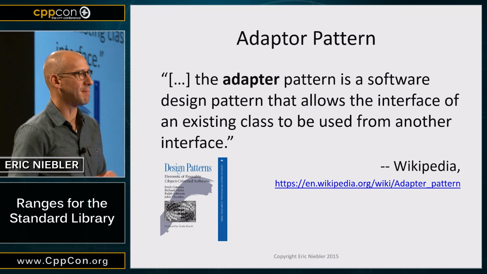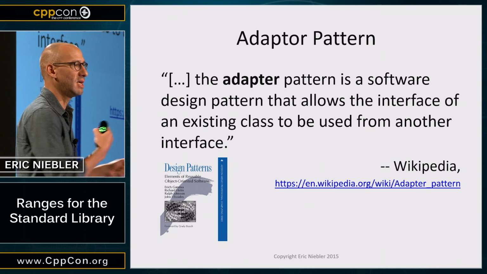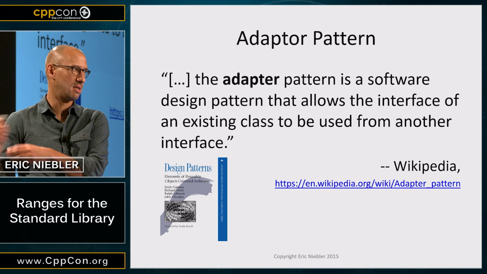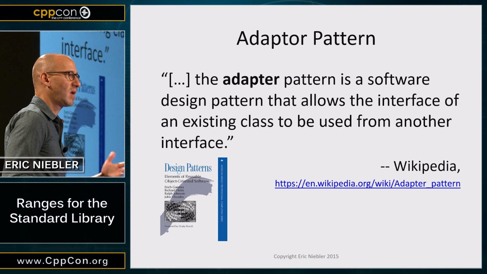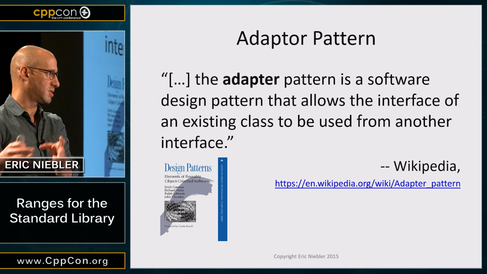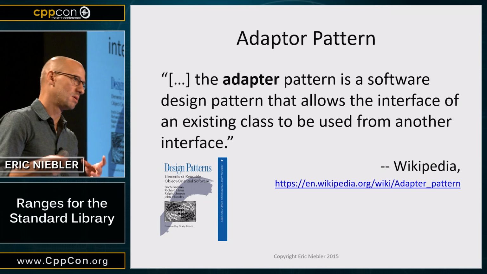In this case, what we're adapting is behavior, because we're going to keep the same interface. We're taking in a range, and we're going to spit out a range which has exactly the same interface, but it's going to have different behavior. We're going to take in a range, and we're going to spit out a chunked range, which is a range of ranges. So we're creating structure.